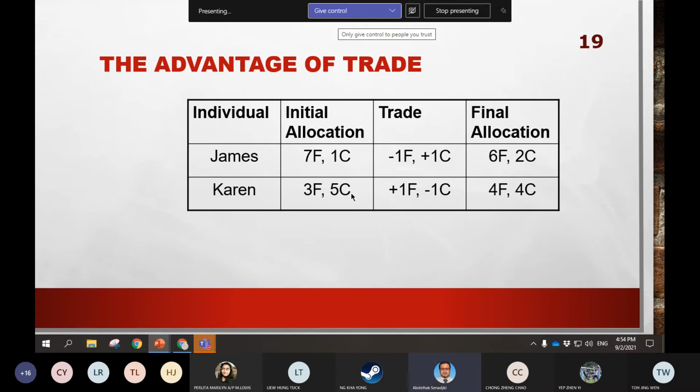Now they start bargaining. Suppose Karen knows that James is willing to give only 1 food for half of clothes. So here we assume that Karen offers James 1 unit of clothing for 1 unit of food, which is more than what James actually wanted.